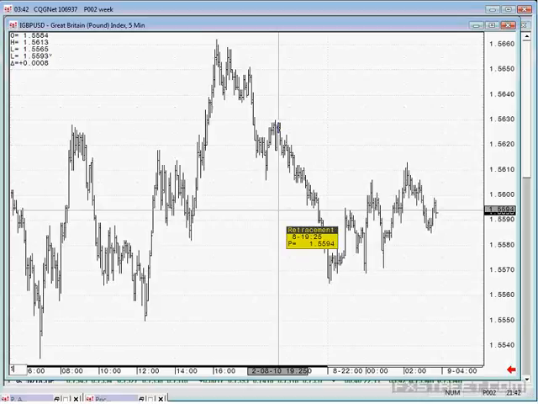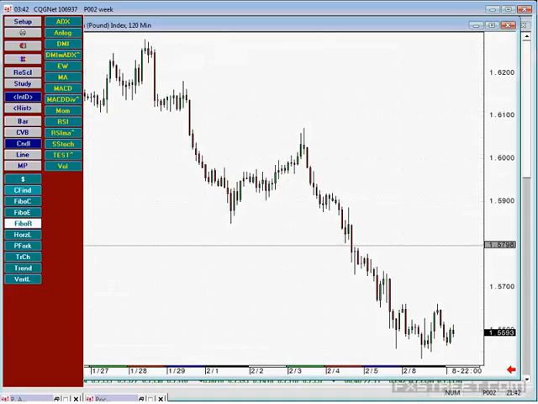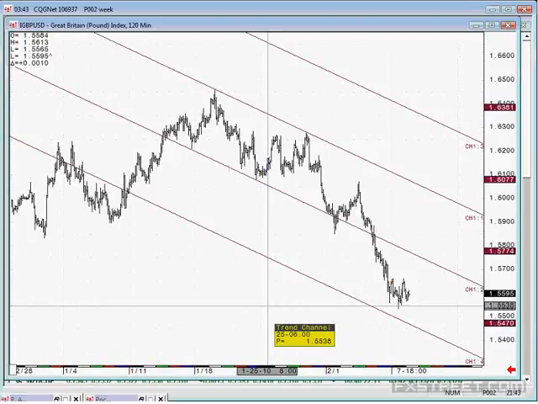So here, if you look at this pound USD, overall it has been down, right? Let me draw the channel so that at least I know where it is heading, or how far it is going to go down.